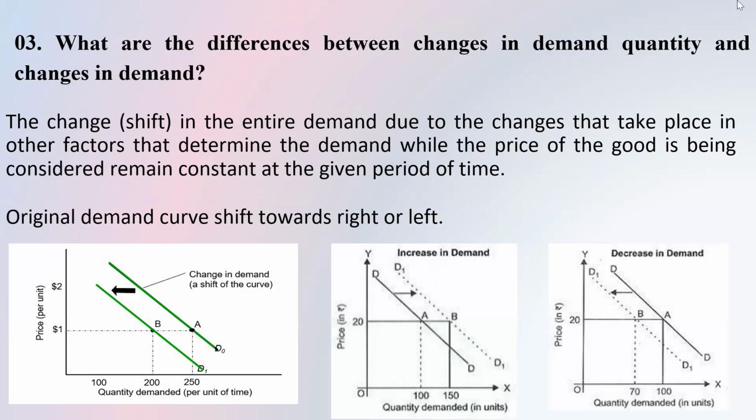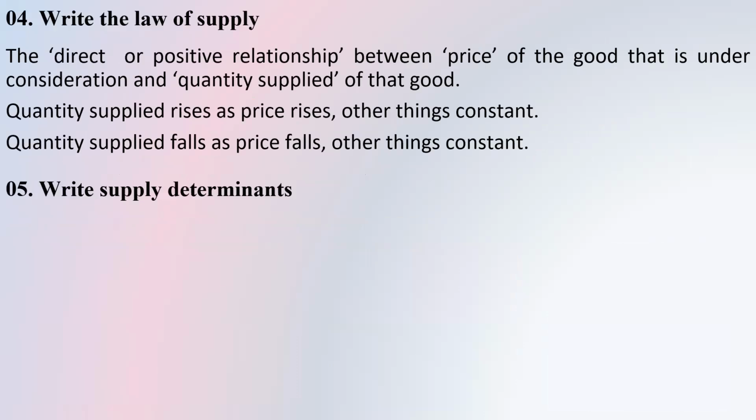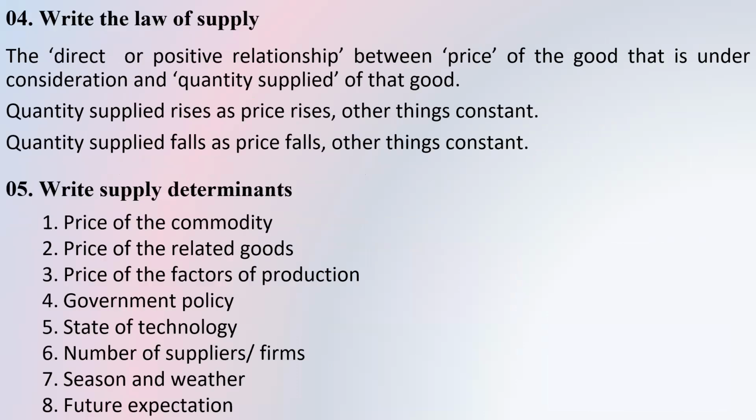An increase in demand means an outward shift, where the whole demand curve shifts to the right. A decrease in demand is an inward shift, where the whole demand curve shifts to the left, due to the determinants I already mentioned.